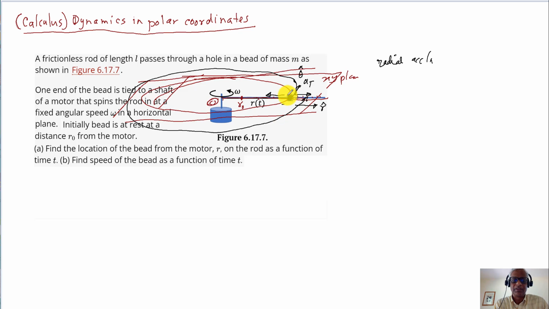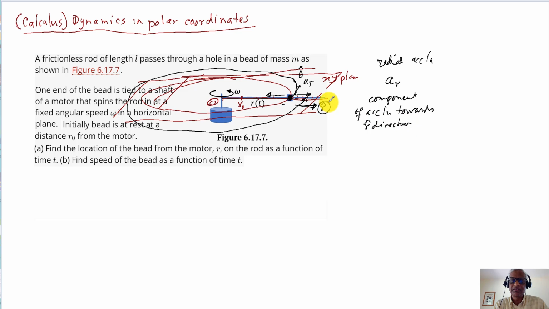then we're only interested in the acceleration in the direction of this unit vector, so just the radial direction. This is the radial component of acceleration towards the r hat direction.